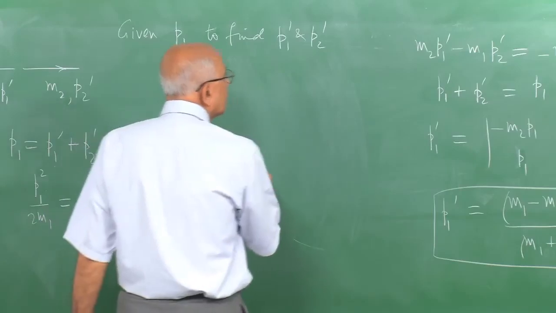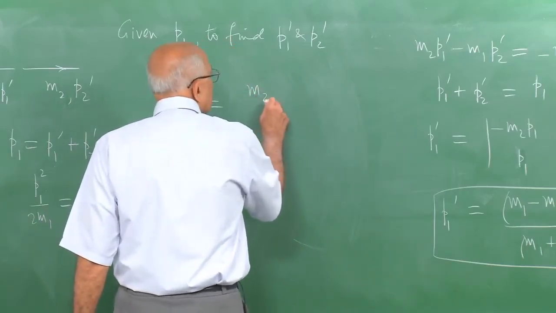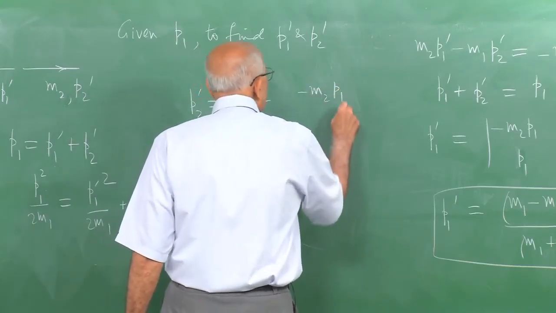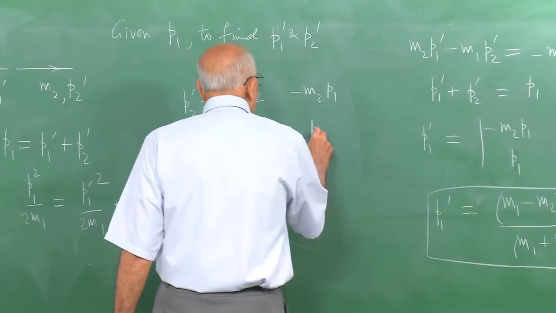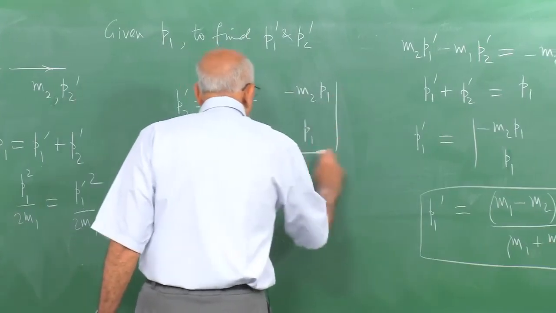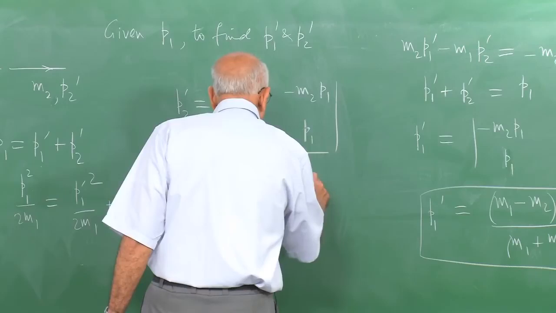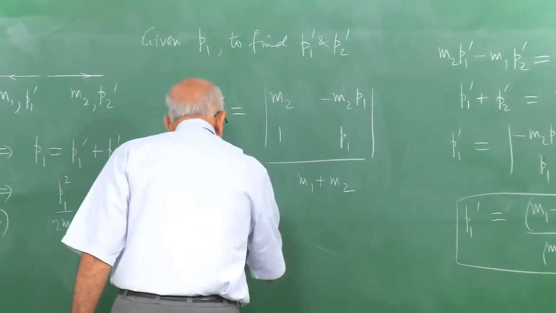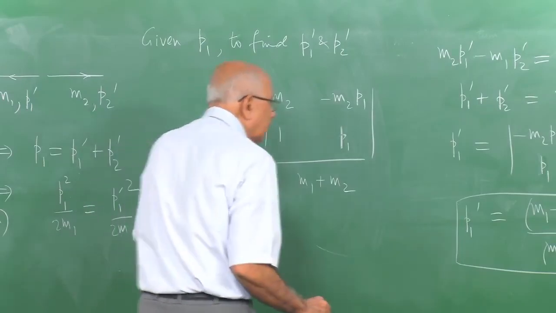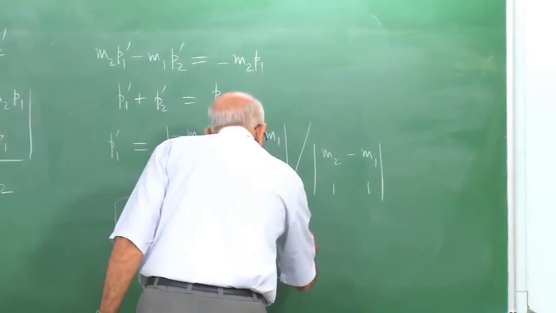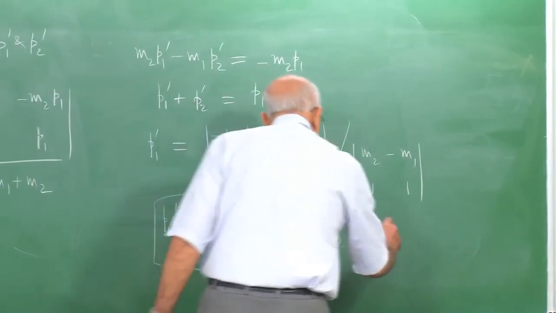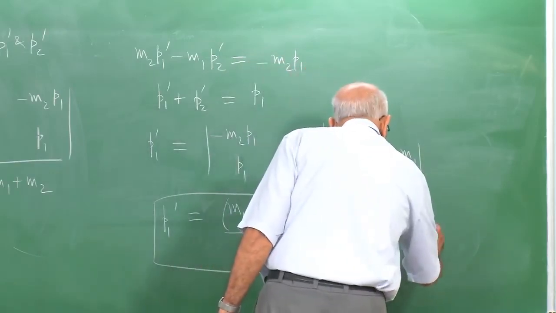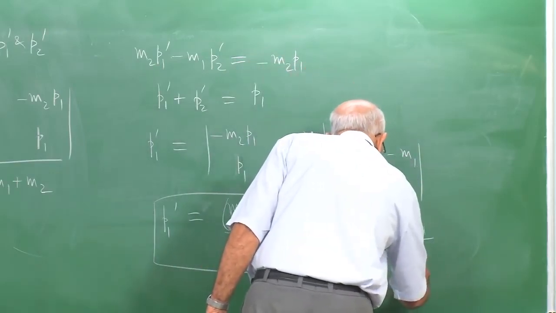Again the coefficient here is m2, it's 1, and here we have minus m2 p1 and then p1, divided by the same determinant, which is m1 plus m2. So p2 prime is equal to twice m2 p1 divided by m1 plus m2.